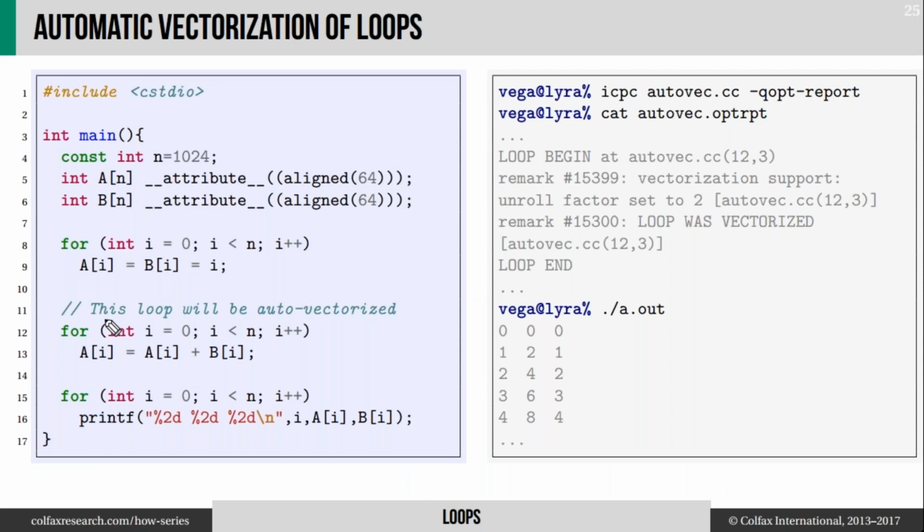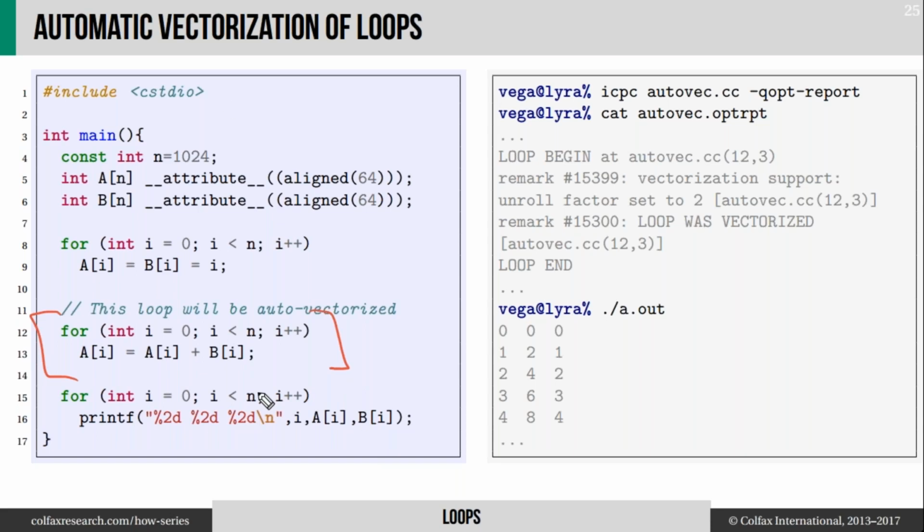So, loops. If you have scalar loops in your applications, most modern compilers will try to vectorize them. I will demonstrate vectorization with the Intel compiler, and I will mention what's different about GCC where applicable.